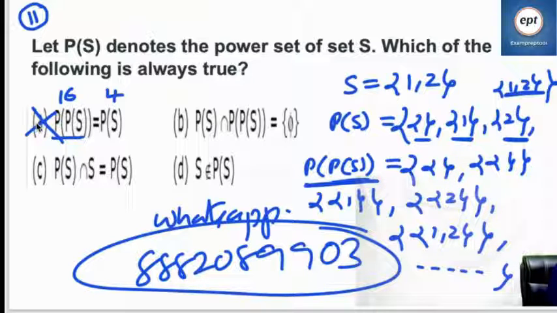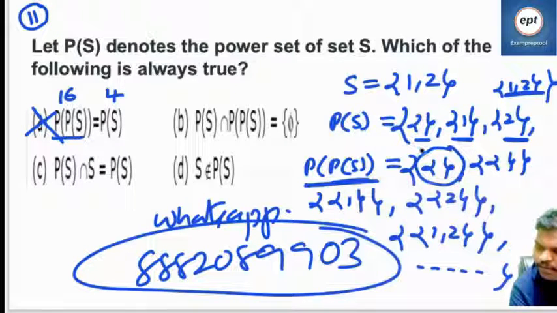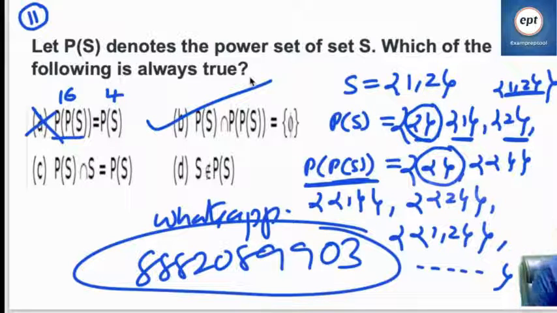Next, the power set of S, the power set of S: the common element is phi. The common element is phi. So that is correct.